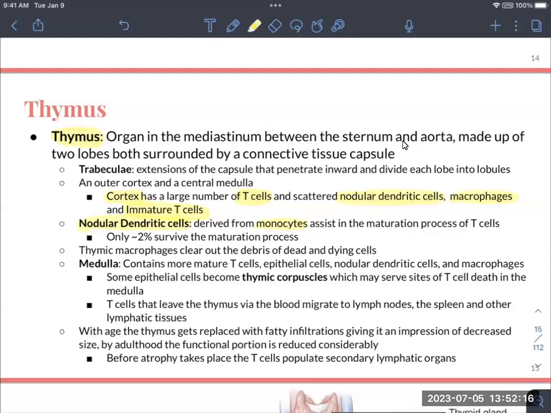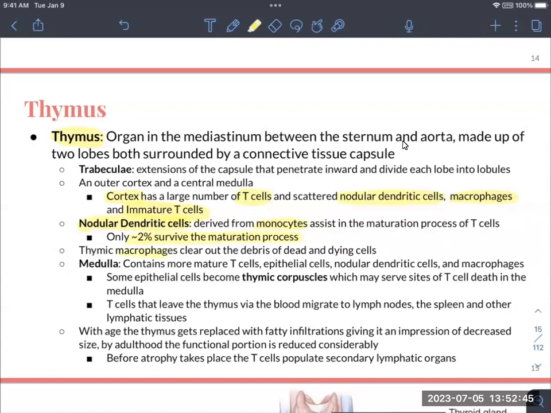There's a whole selection process of how these T cells mature. Our bone marrow makes a lot of these immature T cells, but in the process of maturation, only 2% survive that process. Only 2% can prove themselves enough to stay how they're supposed to be.